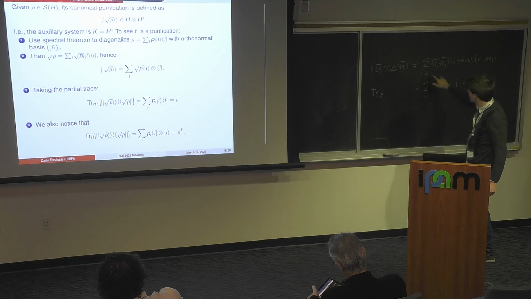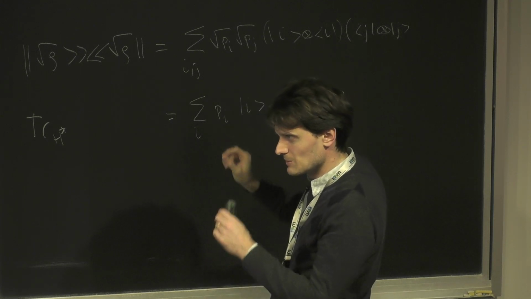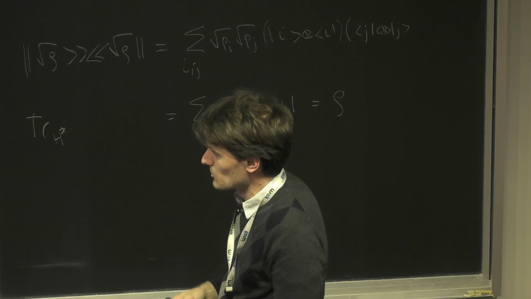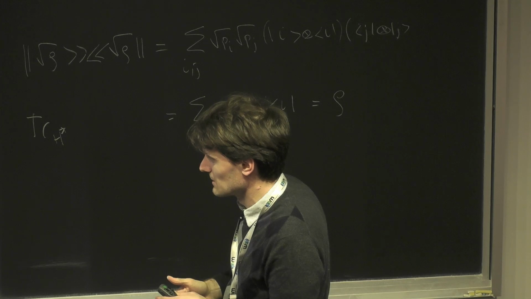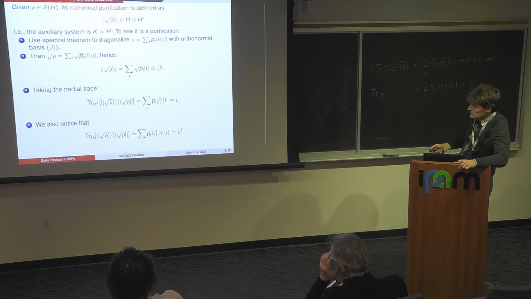Now remember, in general, the partial trace here would have a summation over 4 indices. So maybe already here we have some constraints. This is why maybe the computation looks strange. Now another interesting thing is what happens if you instead trace out the system H: you will have something on H star.